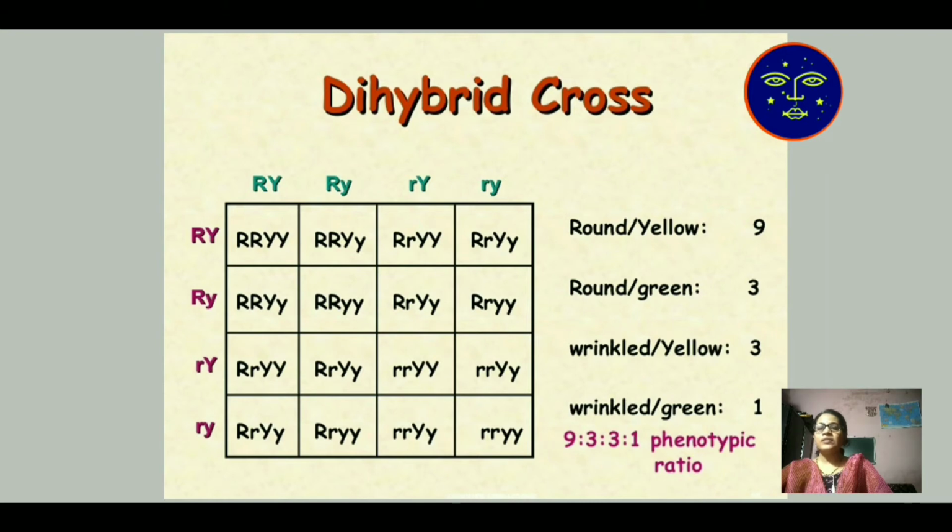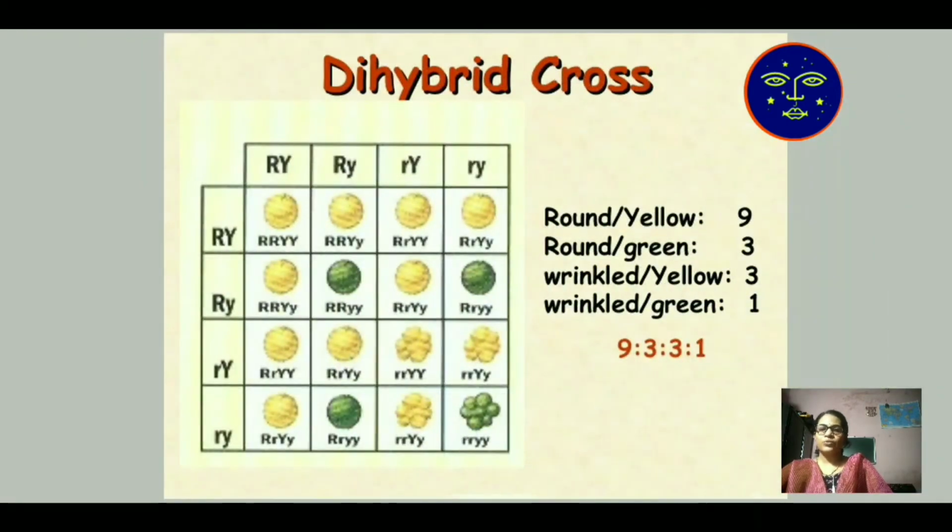Wrinkled and green, meaning small r and small y, comes 1 in number. So the phenotypic ratio we study is 9:3:3:1, whereas the genotypic ratio is 1:2:2:4:1:2:1:2:1.